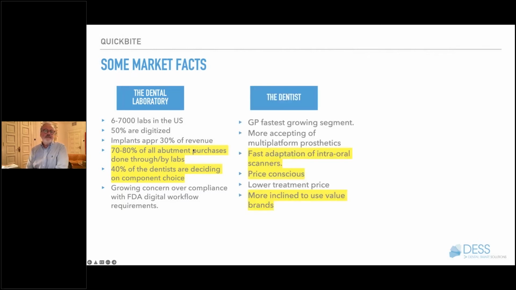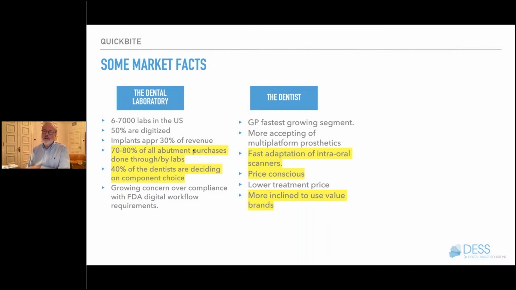When it comes to the dentist, as you know, the GP segment is growing very fast when it comes to dental implants, with GPs doing both the surgery and the prosthetic side of implant dentistry. We also, and DESS is definitely benefiting from this, see a much higher acceptance of multi-platform prosthetics.